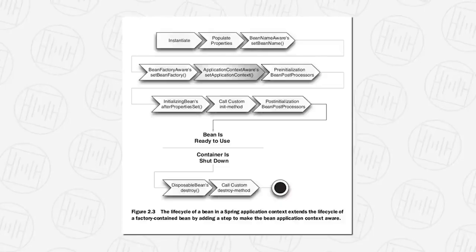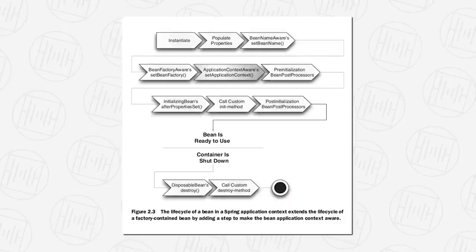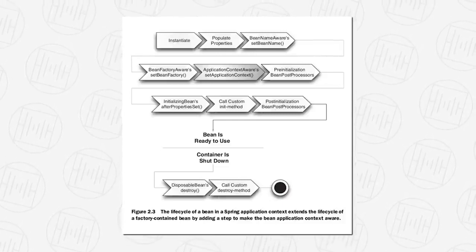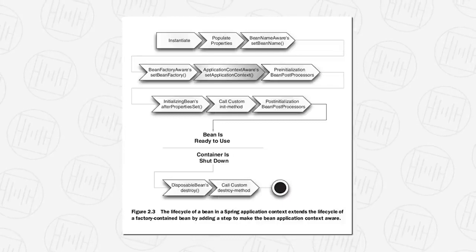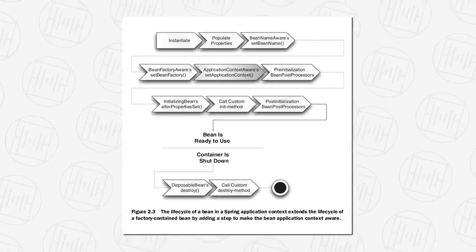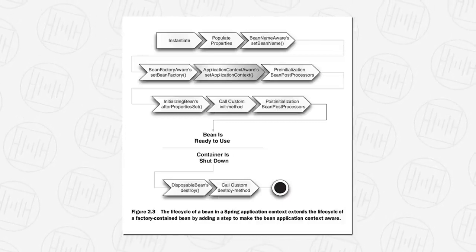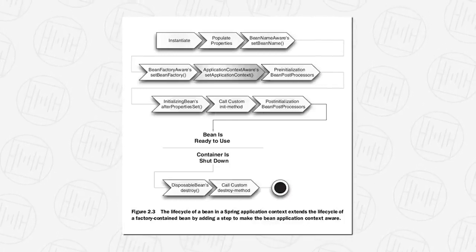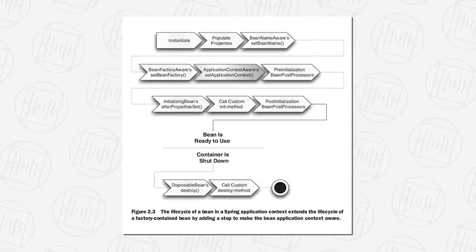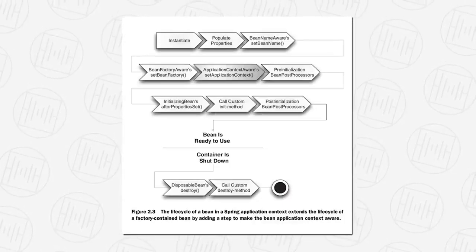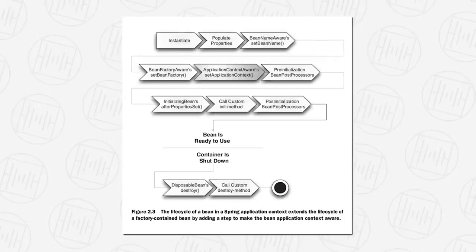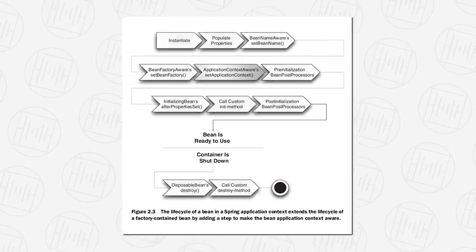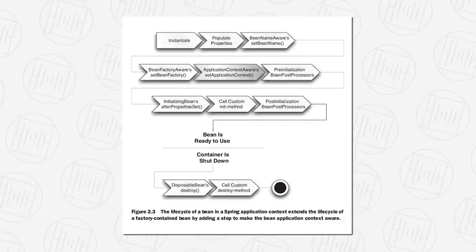If you want to do any modification, we need to understand how we can do it. From this diagram, you can see that once the bean definition is passed, that bean will be instantiated, and then it will populate all the properties, and after that, all the aware interfaces will be executed. There are different aware interfaces. The bean name aware would be executed first, then bean factory aware, then application context aware, then the pre-initialization bean post processor will happen, and then initializing bean's after property set will be executed.